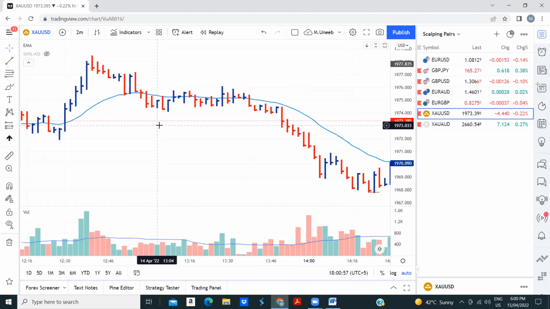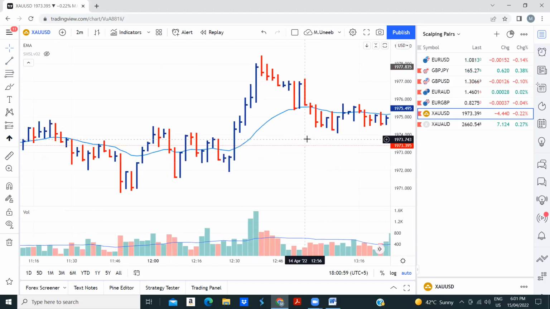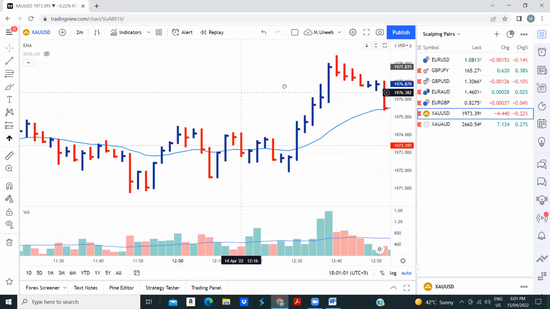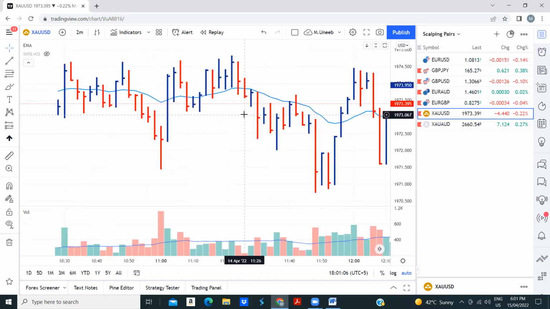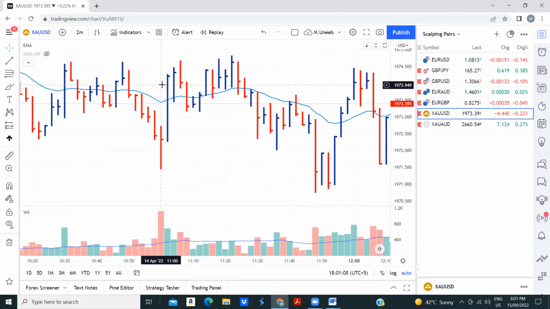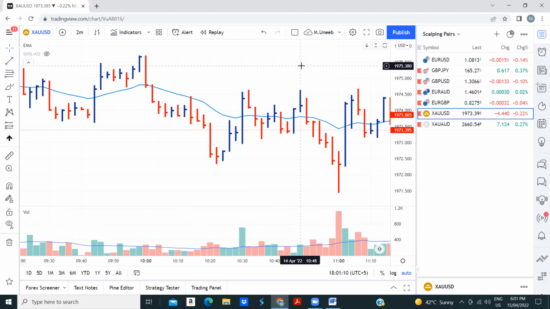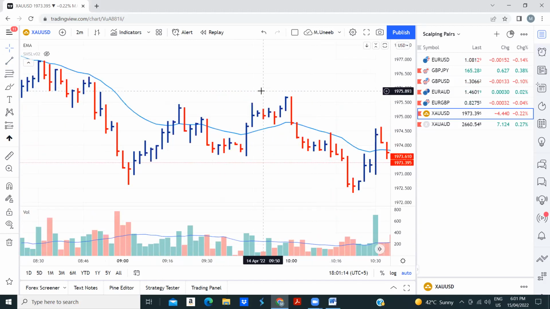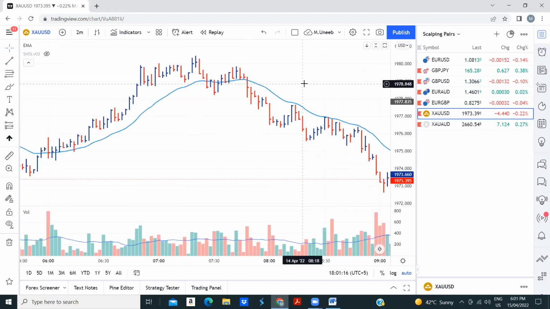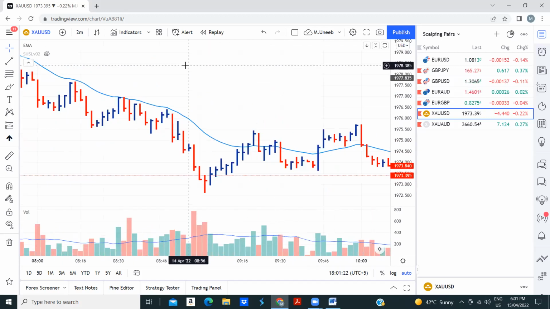All right. And let's see the top reversal. Can you identify a top reversal here?